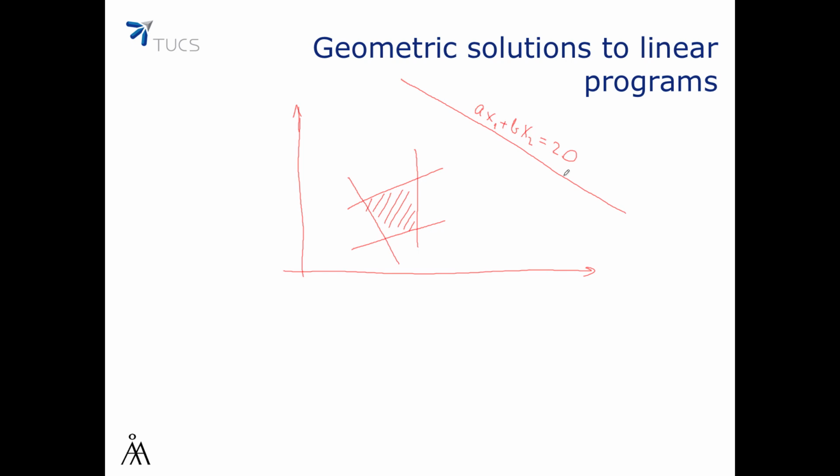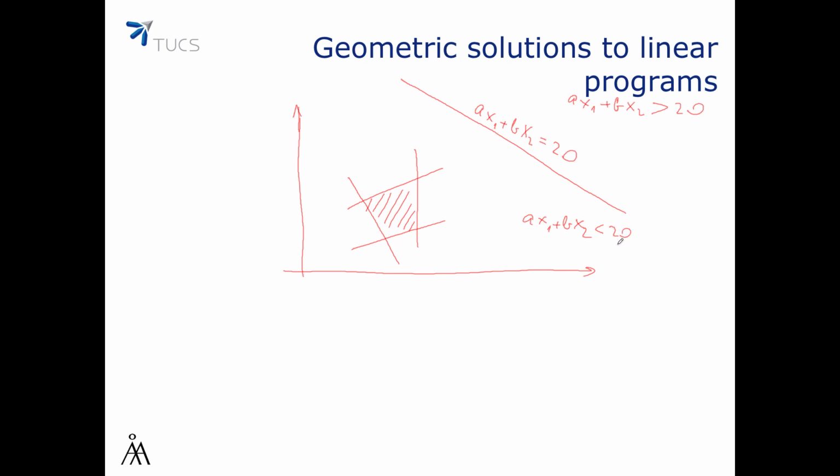In one of them, all points x1, x2 will make the expression a x1 plus b x2 greater than 20, and in the other region, all points will make the same expression smaller than 20. Let's say that in this case, above the line, we have a times x1 plus b times x2 greater than 20, and below the line, of course, a x1 plus b x2 is smaller than 20.